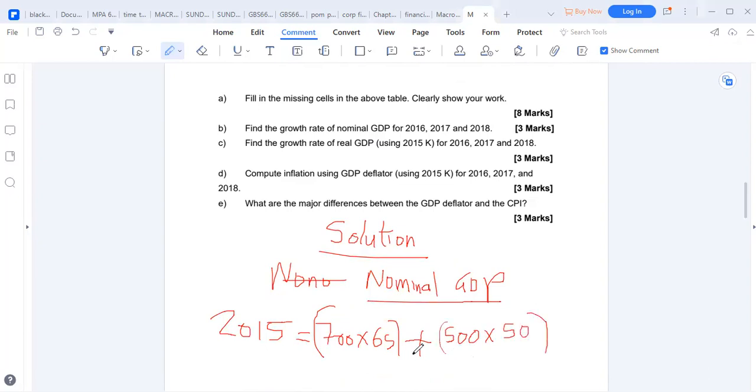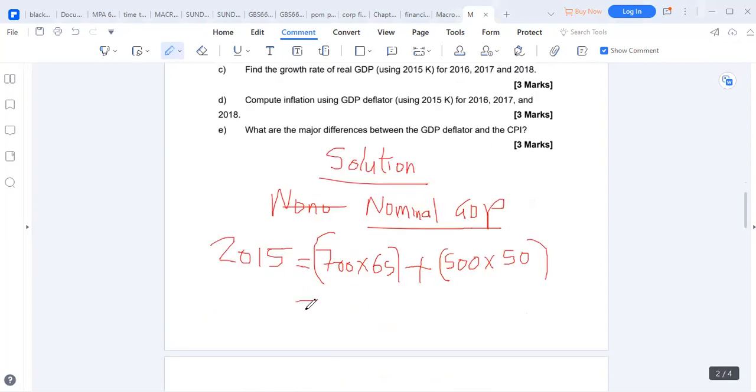So this is 700 multiplied by 65 plus 500 multiplied by 50, which gives us 70,500. That is for this year.